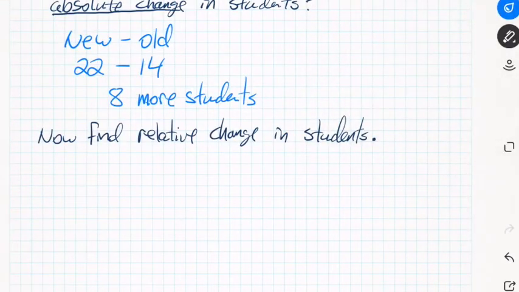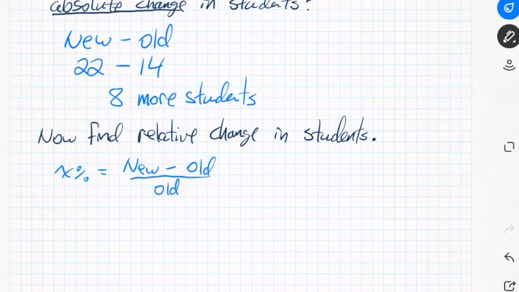Now let us find the relative change in the students. So the formula for relative change is this. I'm going to write it a different way. Instead of n minus g, I'm going to actually write the words in. It's not a very algebraic formula. It's more of a placement formula.